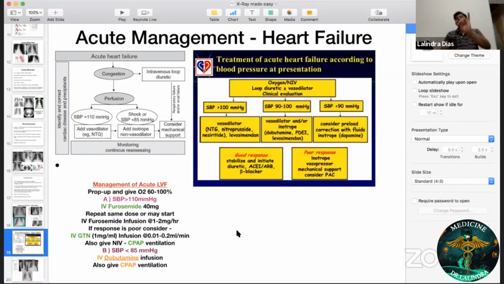Then if you have heart failure with low ejection fraction, less than 45%, you also have to give an aldosterone antagonist, a drug to block the aldosterone, because aldosterone retains salt and water. What is the drug that you give? Spironolactone. You can give spironolactone to block the aldosterone if you have heart failure with very low ejection fraction, below 45%.